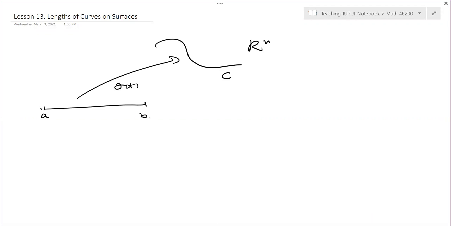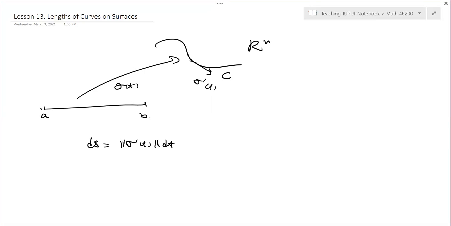Then the derivative of sigma of t is going to be the tangent vector to the curve. And we find out this is going to be an invariant.